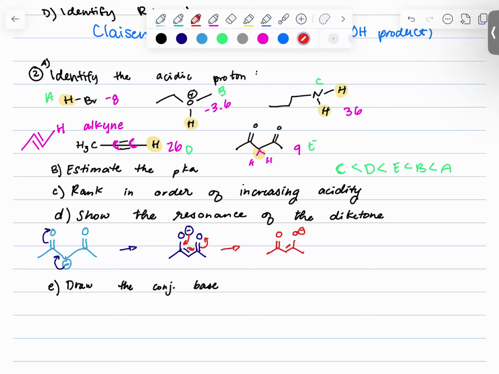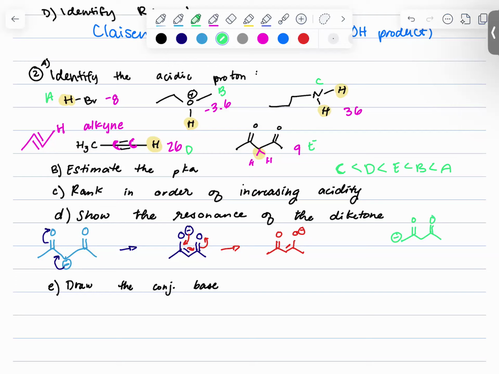Now, to circle back to your question about how we knew the acidic proton was the one in the middle. Let's say we did take off the proton at the end. We would have this structure.